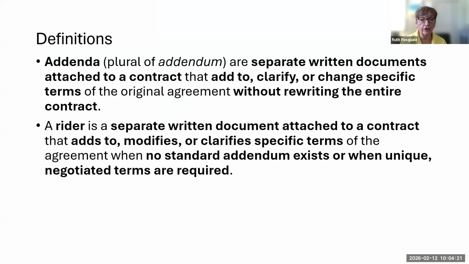So the first thing we're going to do is talk about definitions. What is an addenda? An addenda is a separate written document that you attach to a contract. You can attach addenda to a contract a couple of ways, right? You can go into item 19, additional terms in the as-is, which I was going to put a copy of here, and I forgot to do that.